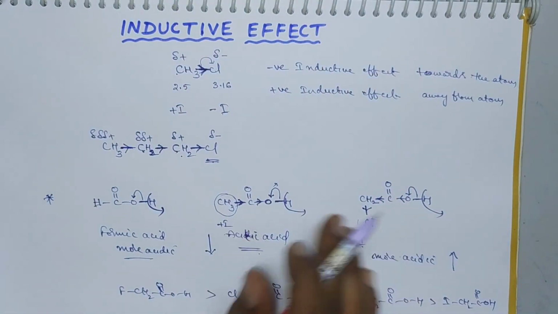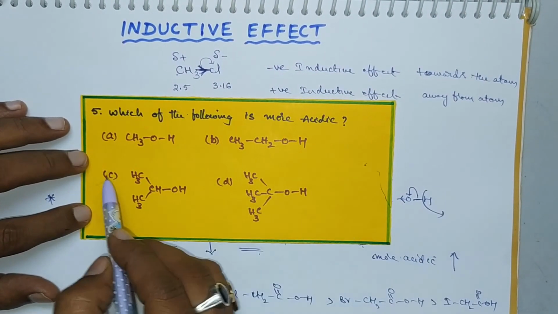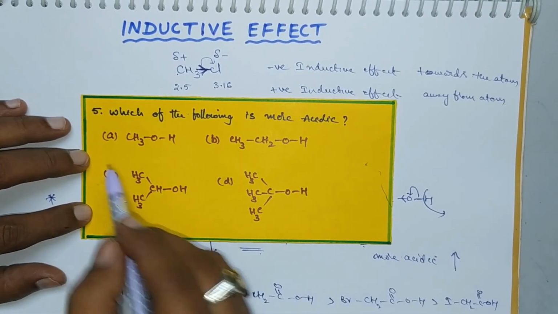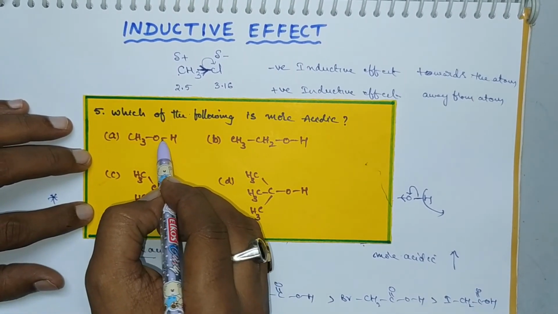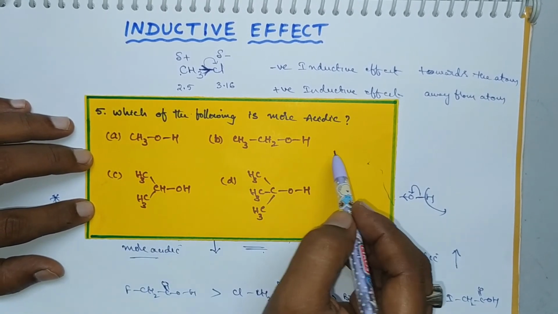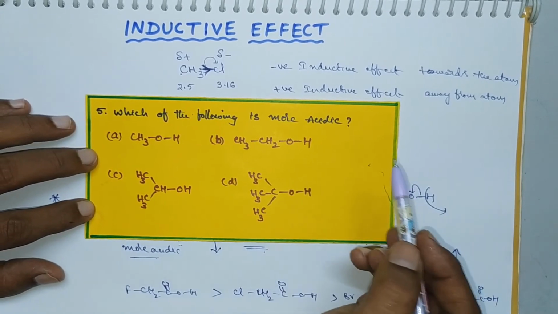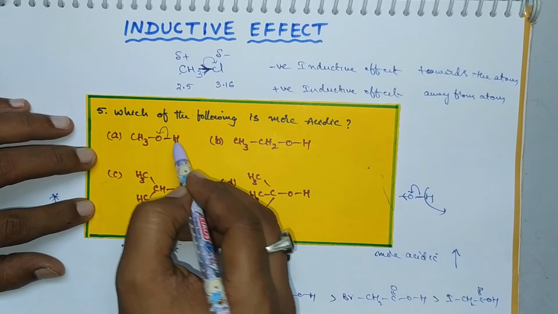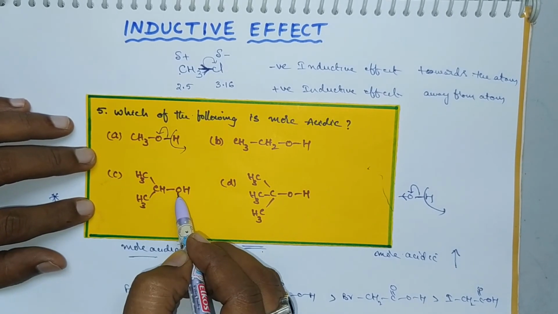And next one, which of the following is more acidic? The acidic character means the tendency of donation of H plus ion. Here these two electrons are accepted by oxygen and it can donate H plus ion readily.